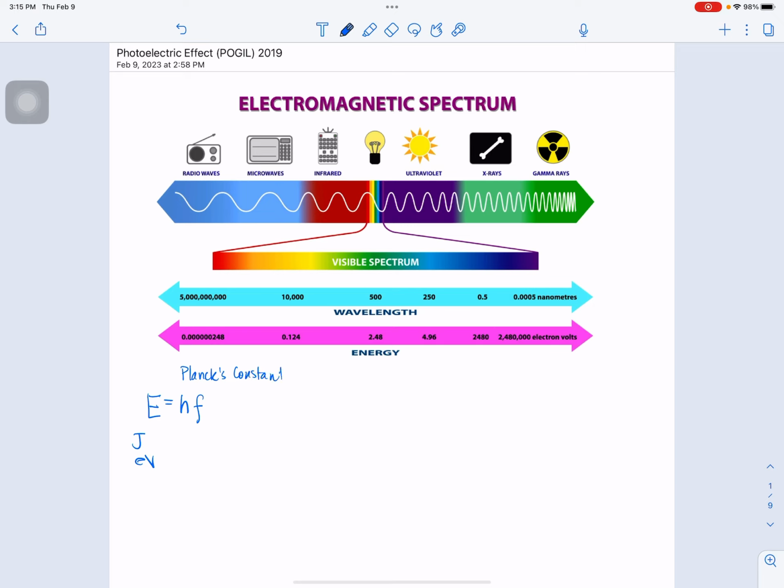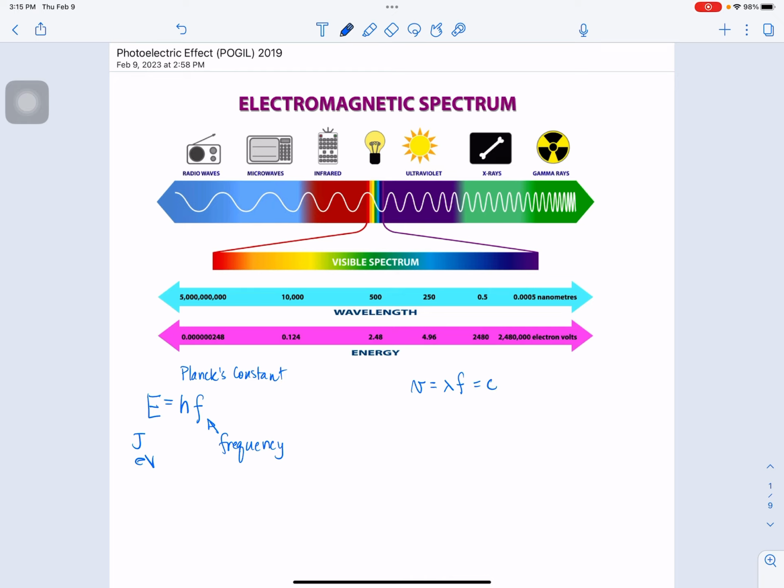And F is the frequency. And you might be wondering, well, they're not giving me frequency, they're giving me wavelength. So how do you find frequency? Well, you are going to use the equation v equals lambda times f. And in this case, because we're dealing with light, this is actually equal to c.